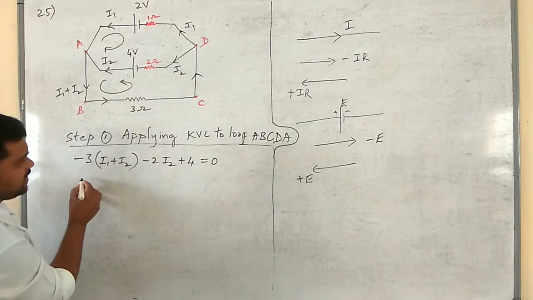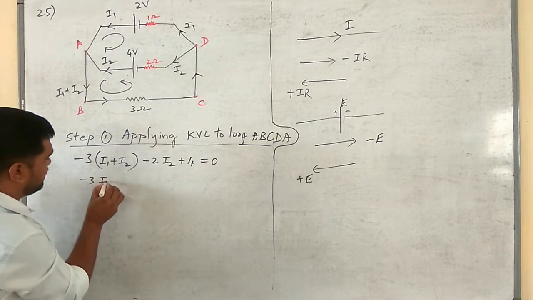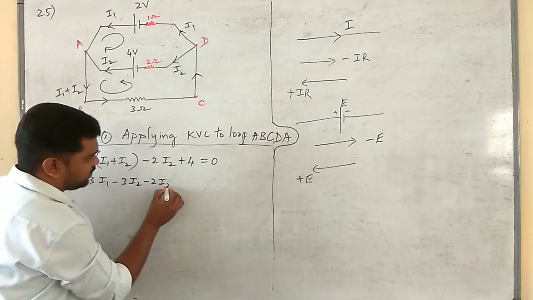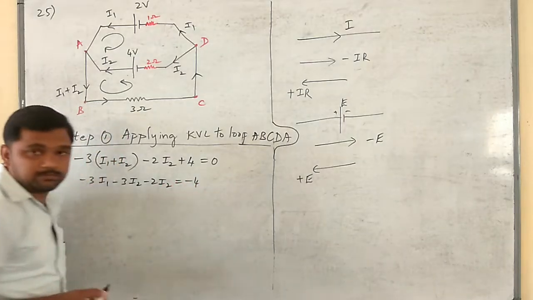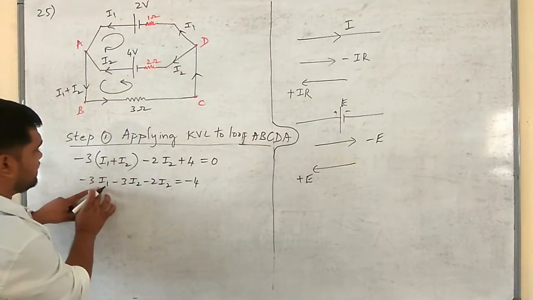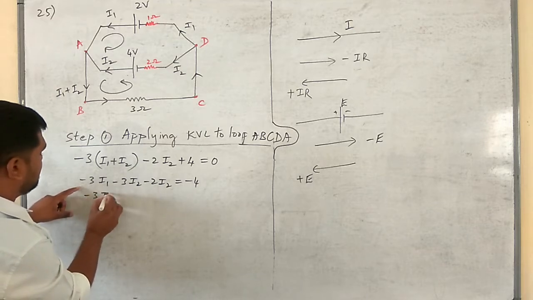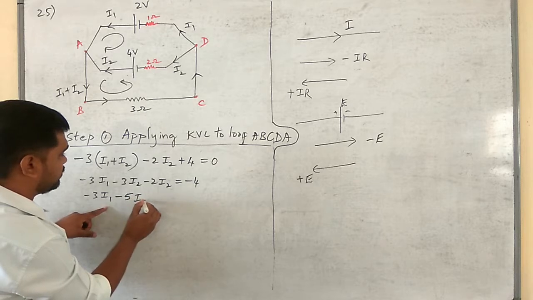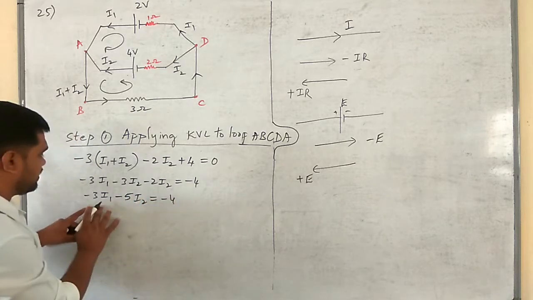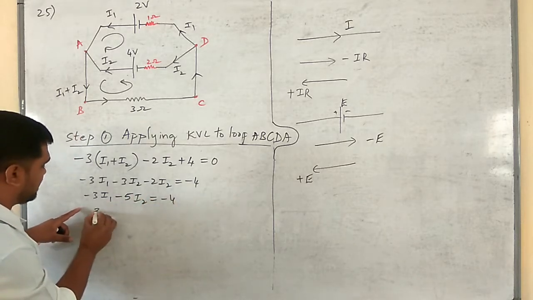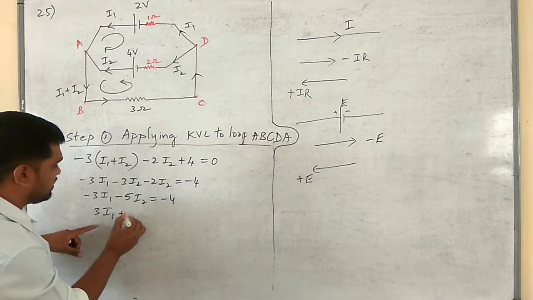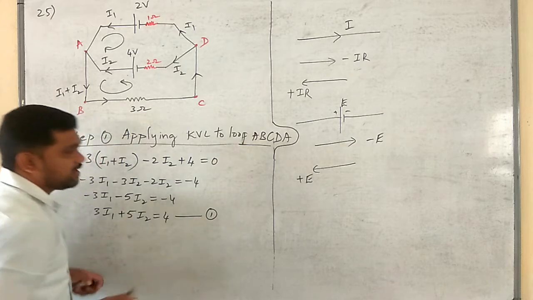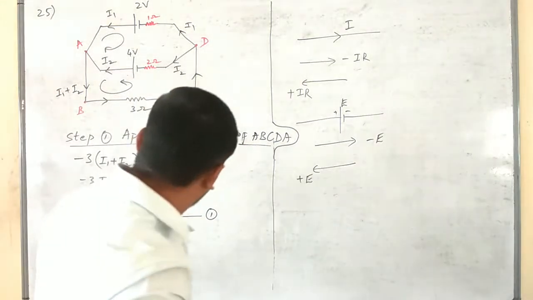On solving this we get minus 3I1 minus 3I2 minus 2I2 is equal to minus 4. Next, minus 3I1 minus 5I2 is equal to minus 4. So minus 1 ಇಂದ multiply ಮಾಡಿದ್ರೆ it gives you 3I1 plus 5I2 is equal to 4. Let it be equation number 1.